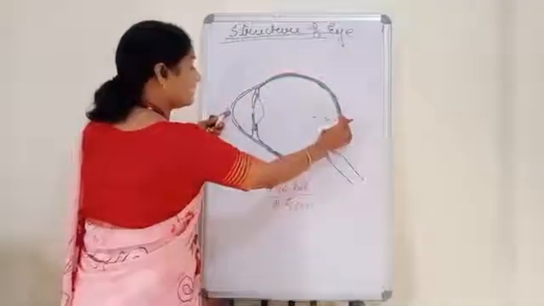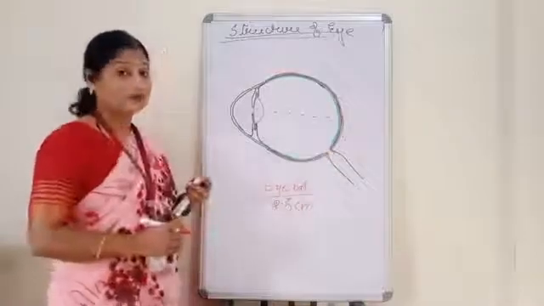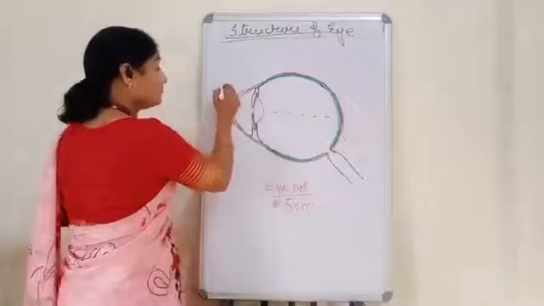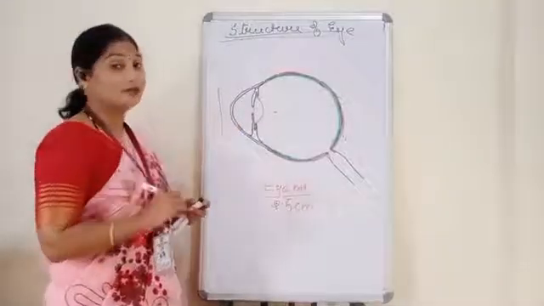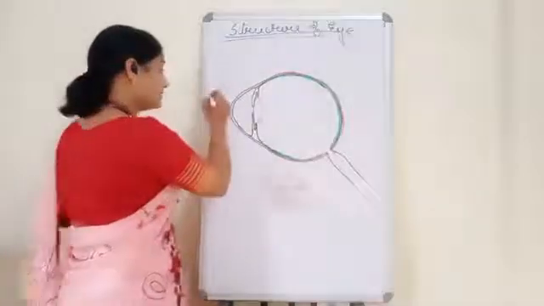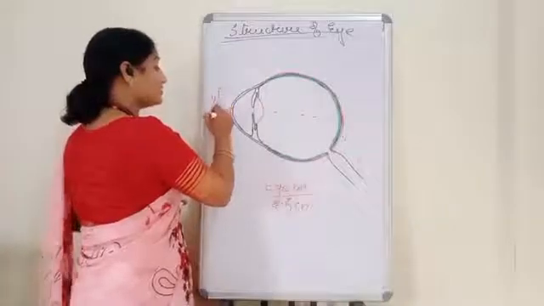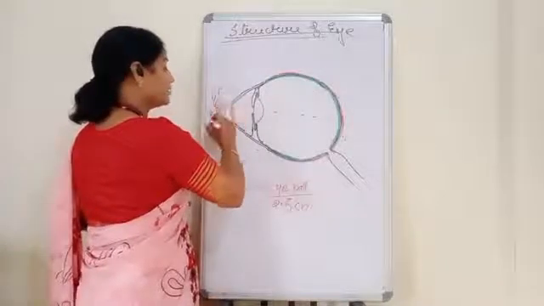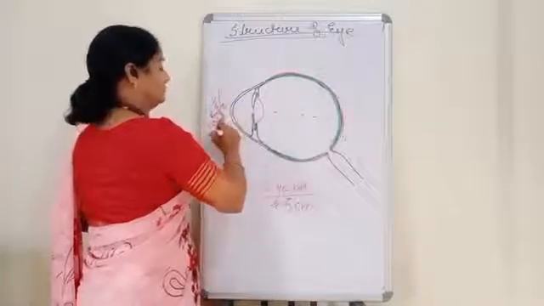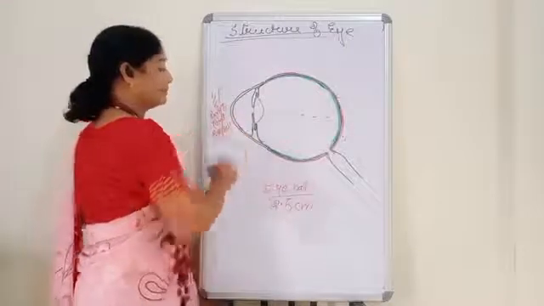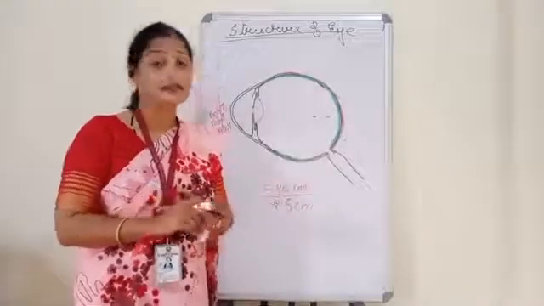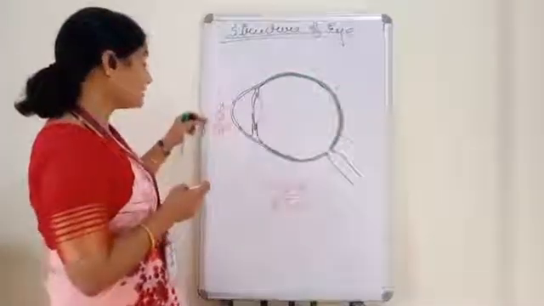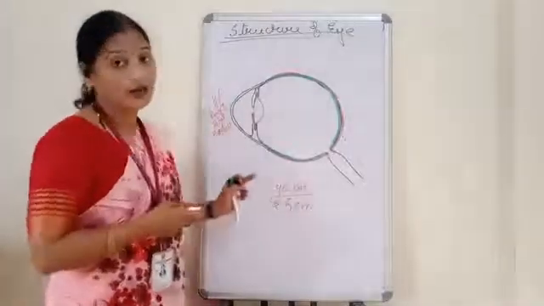So our eye is about 2.5 centimeters, and the front part of the eye is visible. This is the 1/6 part of the total eyeball. So from the front side, whatever we are seeing is only the 1/6 part of the total eyeball.